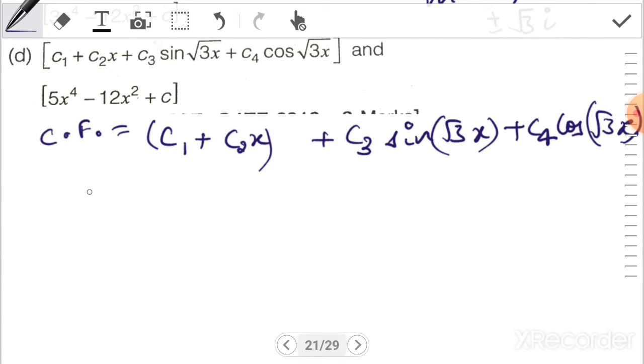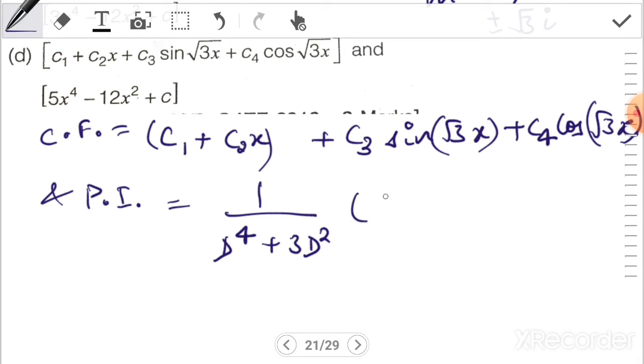And for the particular integral part, we have to operate 1 by D power 4 plus 3D square on 108 x square.